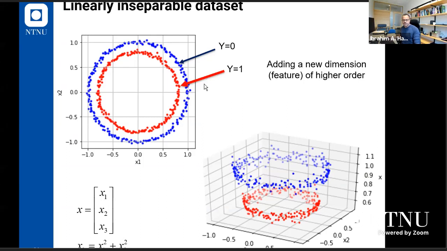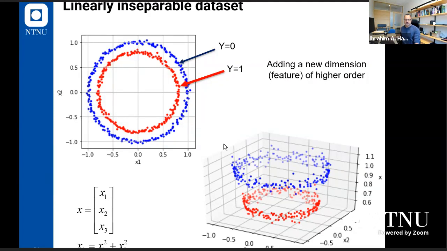So adding a new dimension can make your problem much easier. For example, this plot is in two-dimensional space, and if you look into it, it's inseparable. It's impossible to find a decision line which is a function of x1 and x2 which can separate the data set into two separate classes.